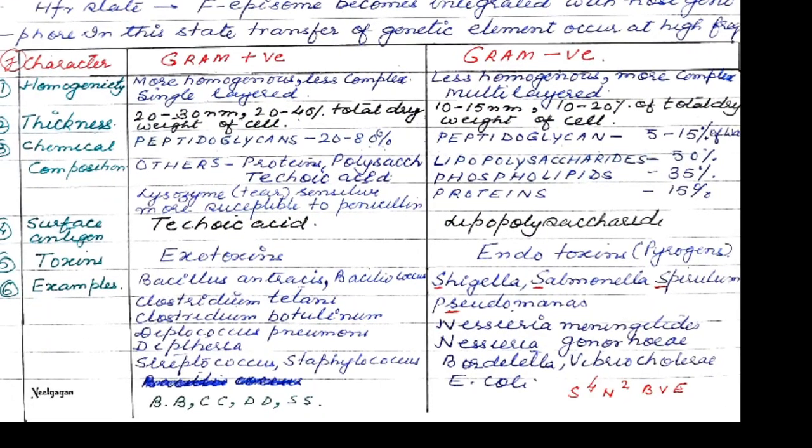The surface antigen in gram positive bacteria is teichoic acid, whereas the surface antigen of gram negative bacteria is lipopolysaccharide. As far as toxins are concerned, gram positive bacteria form exotoxins, and gram negative bacteria form endotoxins.